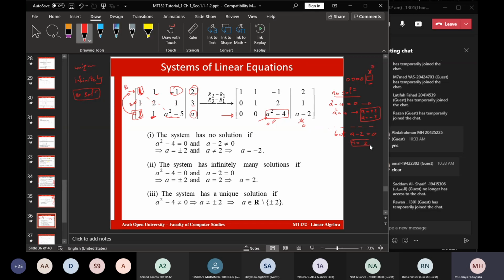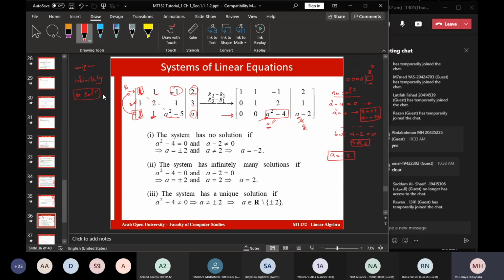So I don't need this case because this will give me 0. But this is a and this is a, whatever a takes here it takes here, because it is the same a. So if a is 2, I want this to be 0 and this not 0, so the only way out is for a to be minus 2. So no solution when a is equal to minus 2.